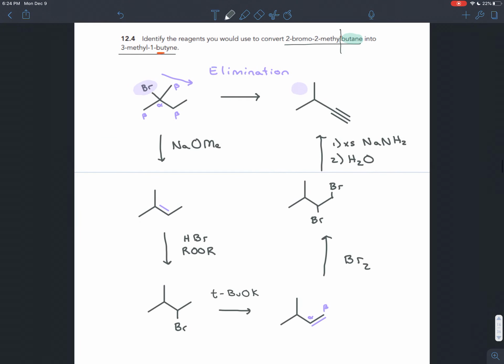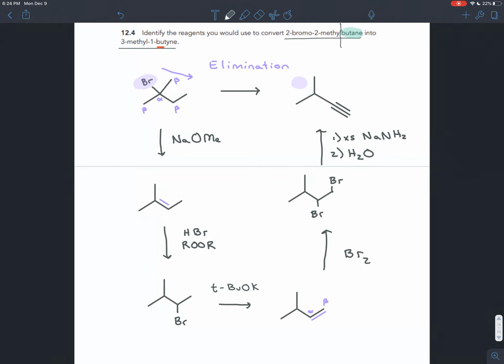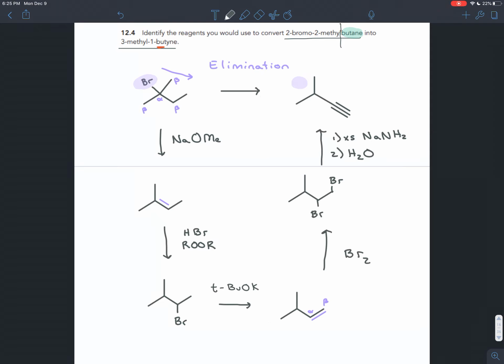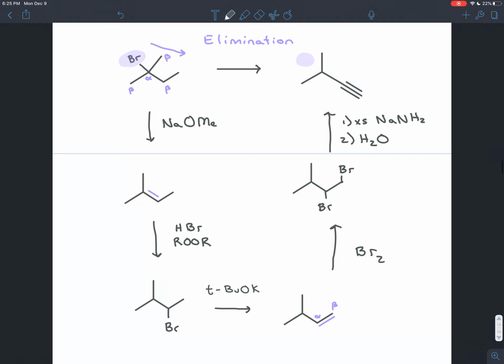Okay, now this video that has walked through this synthesis has assumed that you were relatively comfortable with the reactions individually, that you knew what I meant when I said the Zaitsev product, that you could recognize which one that was, or that you knew what I meant when I said a bulky base, or that you had seen an alkene getting turned into an alkyne before, and that builds on previous exercises.